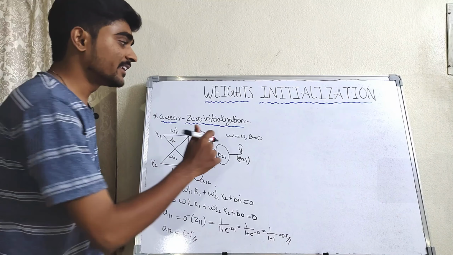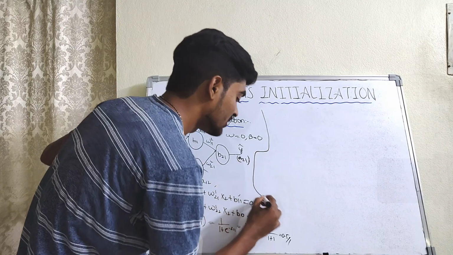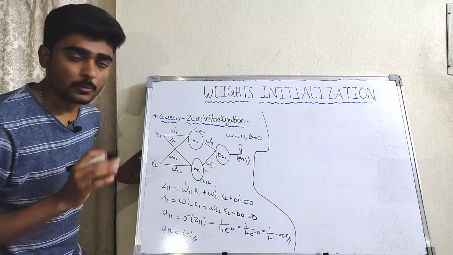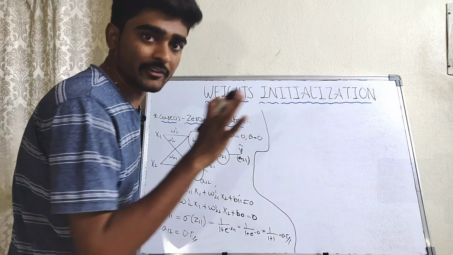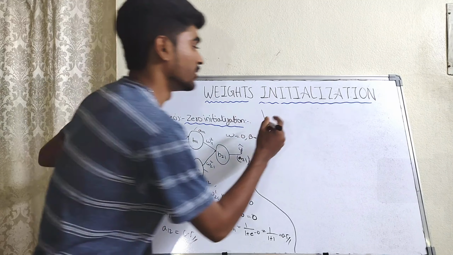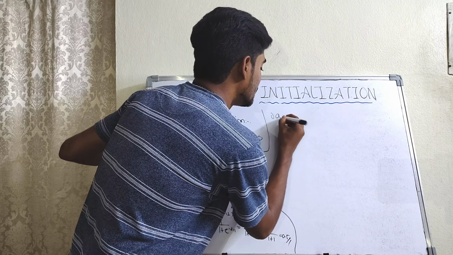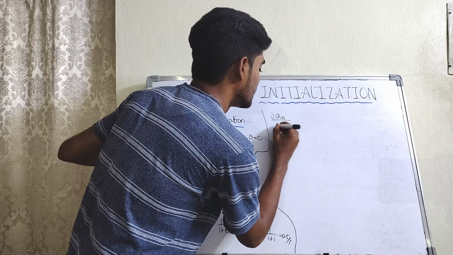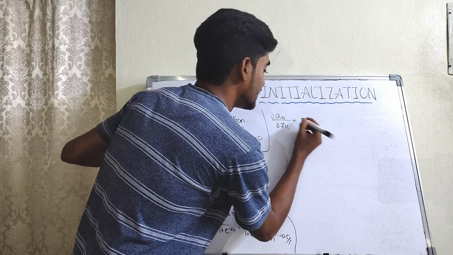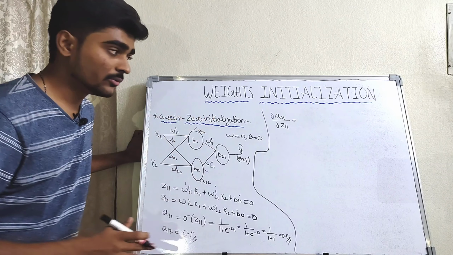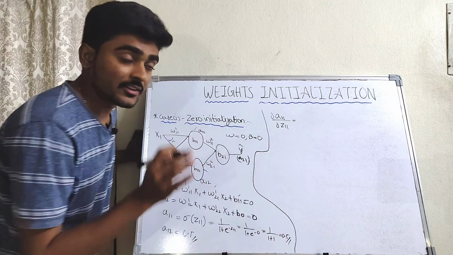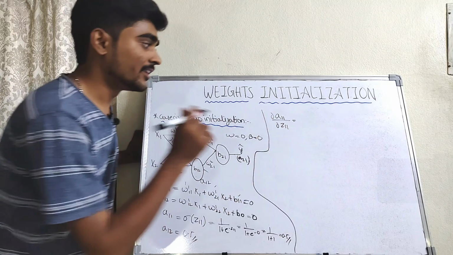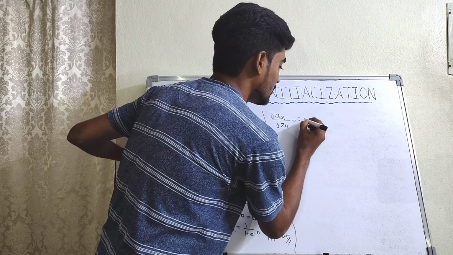Now after calculating the activation function outputs, we need to find the derivatives. Now dou a11 by dou z11 is equal to 0.5.